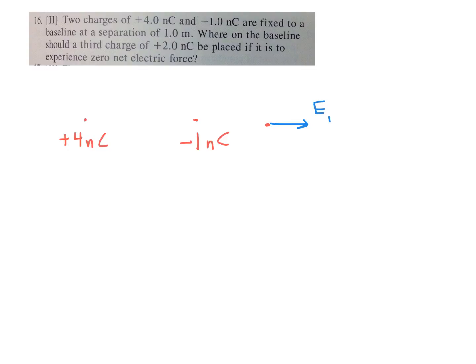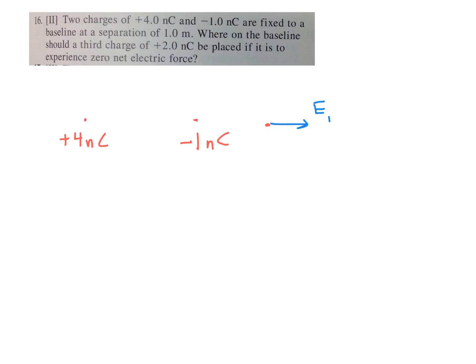It's out, that's only one vector of a million I could draw emanating radially outward from the plus 4 nanocoulomb. It's away from a positive source. The 4 is called the source. Once again, the plus 2 nanocoulombs is insignificant here. It doesn't really matter what our charge that we're placing out here is. Plus 2, plus 3, plus 4, plus 5.